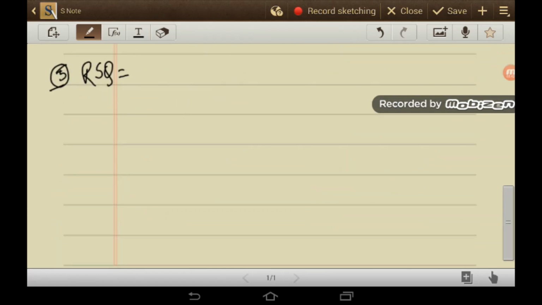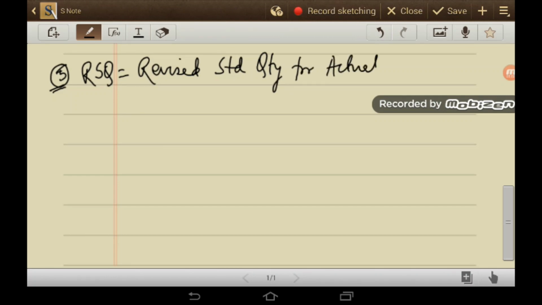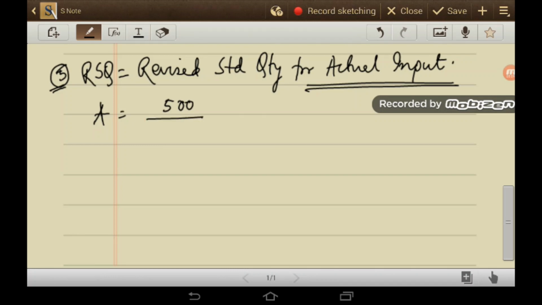And the fifth parameter is RSQ. This is the revised standard quantity for actual input. So for A, 500 kg is the standard input. The total standard input is 1200.